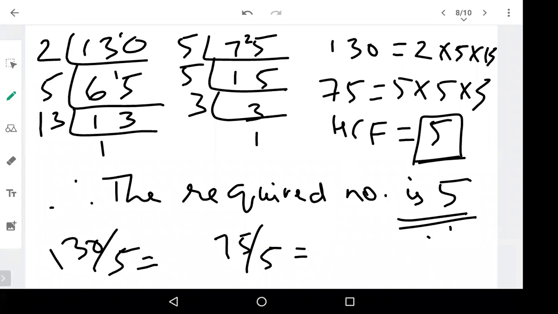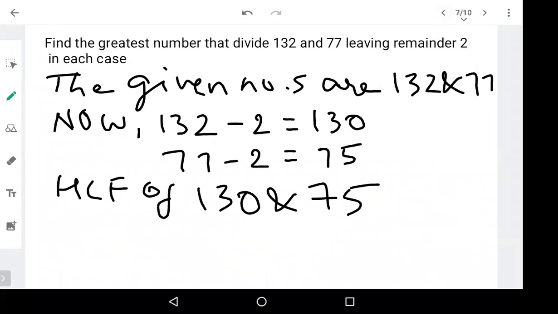So 5 is going to divide 132 and 77, where it is going to leave 2 as remainder in each case. Understood? Any doubts?